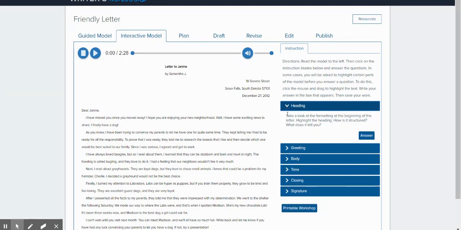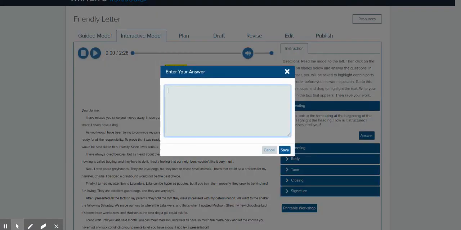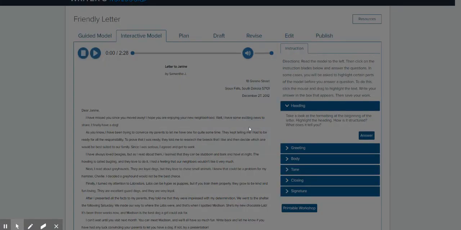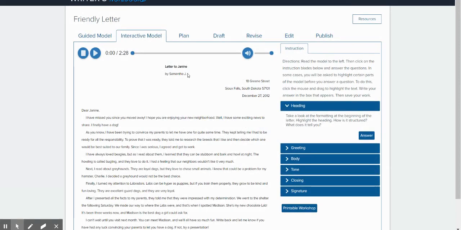Heading. Let's read it. Take a look at the formatting at the beginning of the letter. Highlight the heading. How is it structured? What does it tell you? Is this the heading? Should I highlight this? Well, no, the answer is no. That's not what you should highlight.